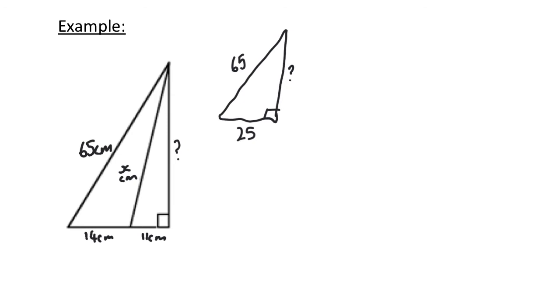So within this, we have to label the sides, A, B, and C. C is the hypotenuse, and A and B are the two other sides. And then we do a squared plus b squared equals c squared. Substitute in the values. So we've got a squared plus b squared, so that's 25 squared, equals 65 squared.